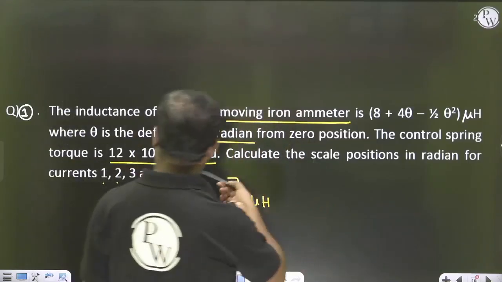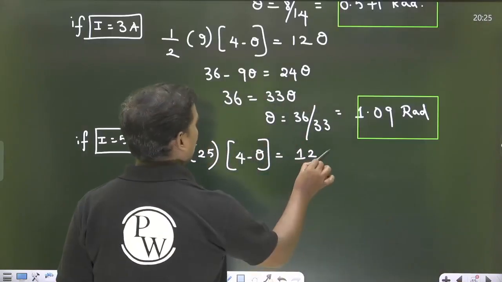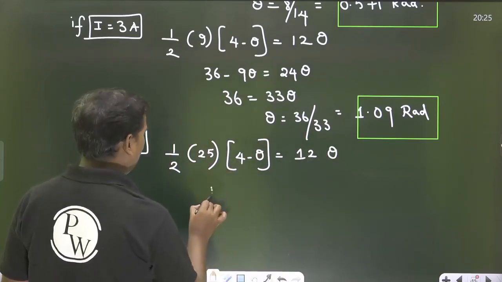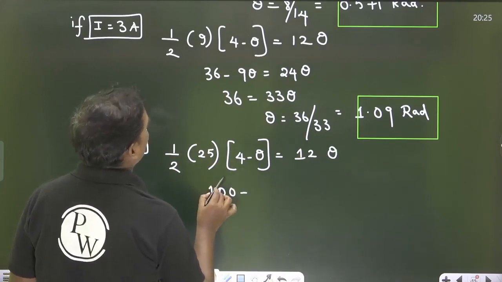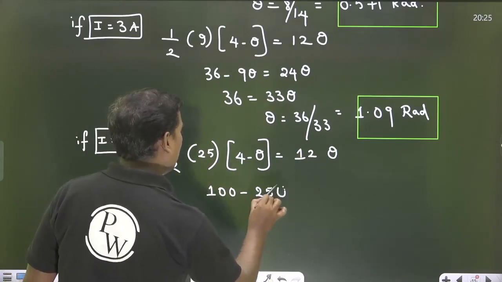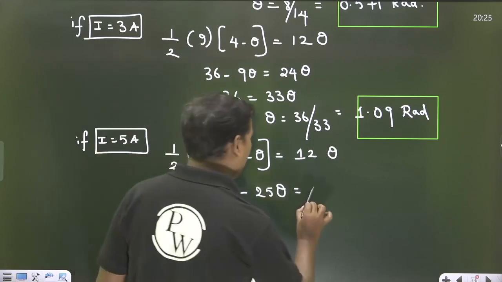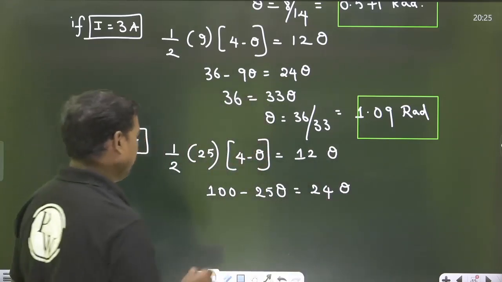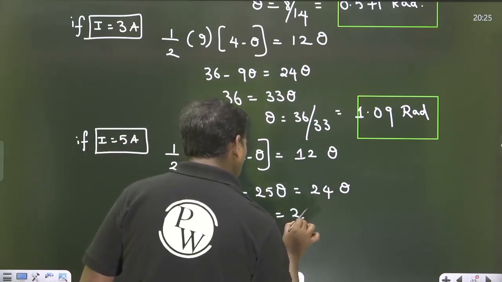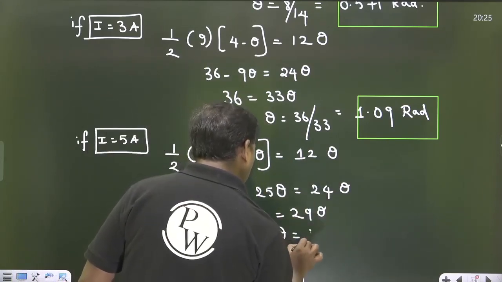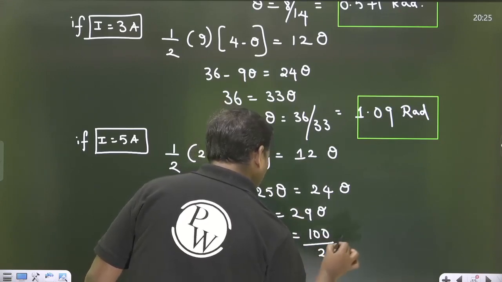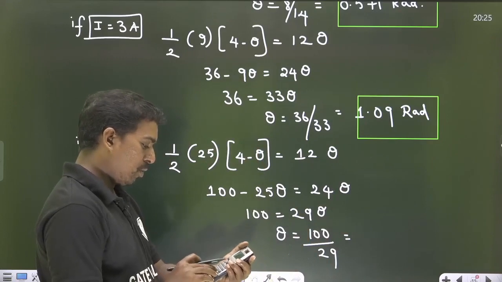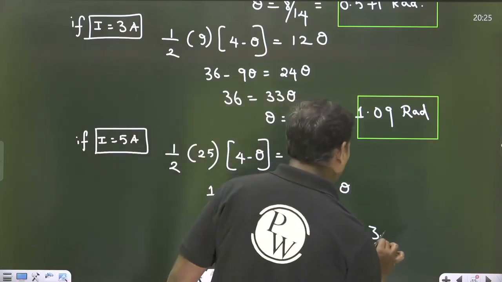So what I can write: 25 into 4, that is 100, minus 25 theta is equal to 24 theta. So 25 plus 24, 49 theta. So 100 is equal to 29 theta. So theta is equal to 100 by 29, which is around 3.44 radians.